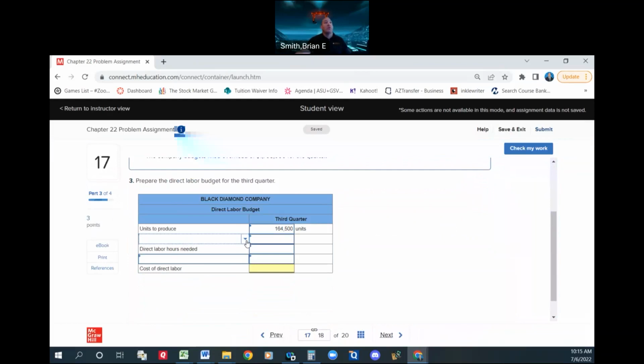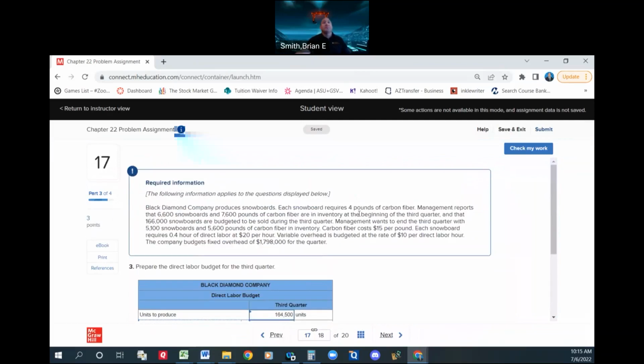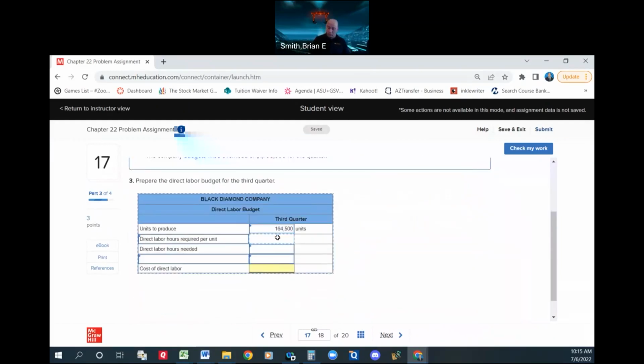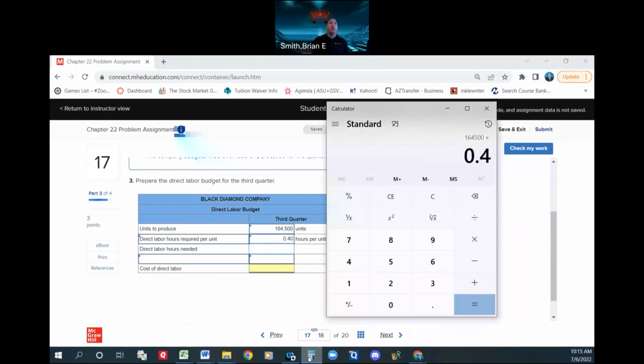We're going to go to direct labor hours required per unit. Requires 0.4 hours of direct labor. So what do we need for direct labor hours? 164,500 times 0.4, 65,800 hours.